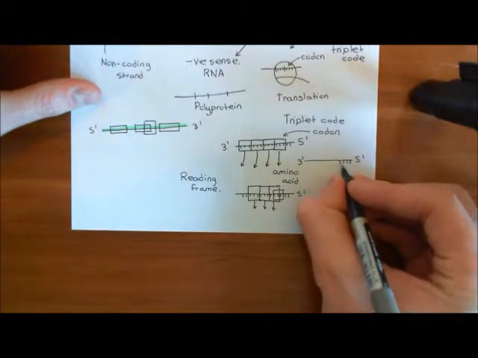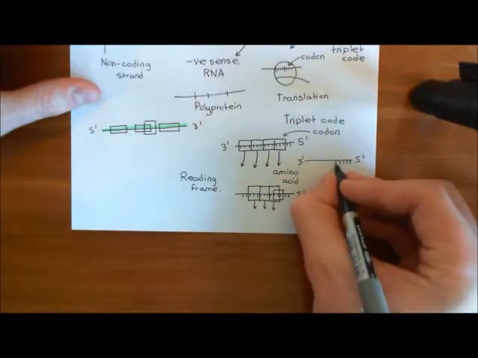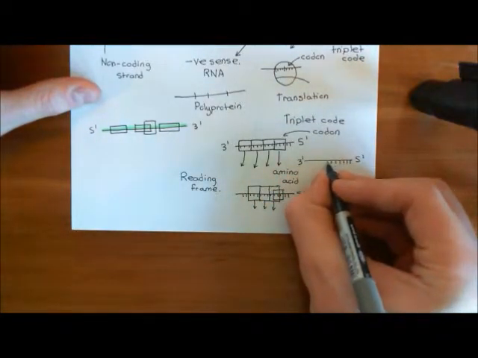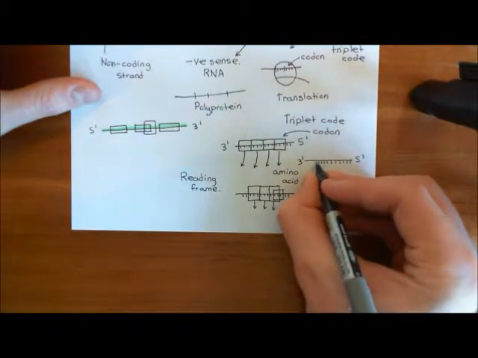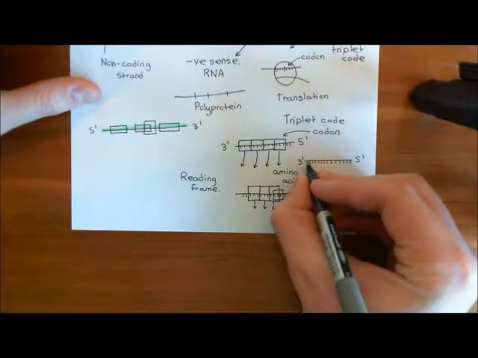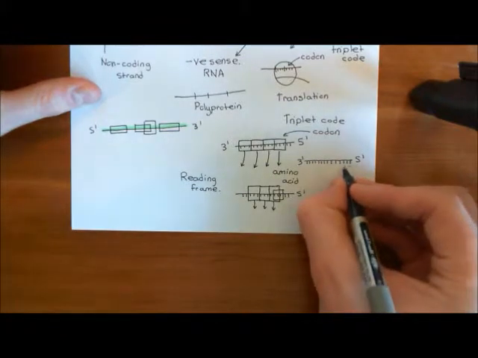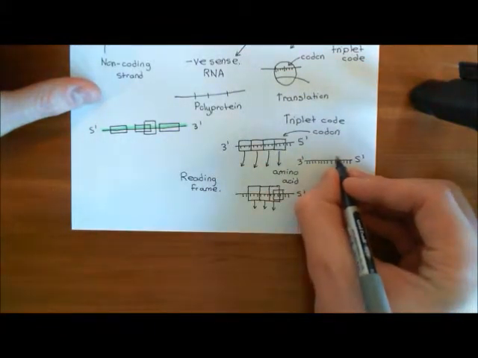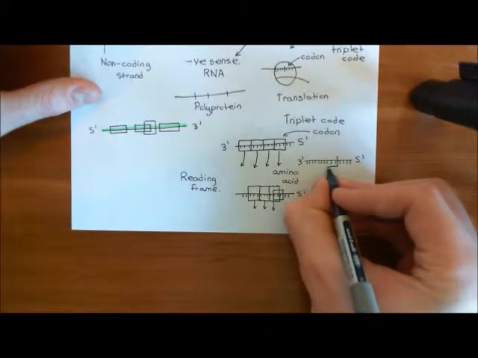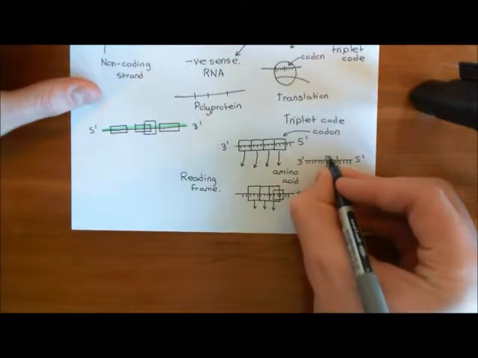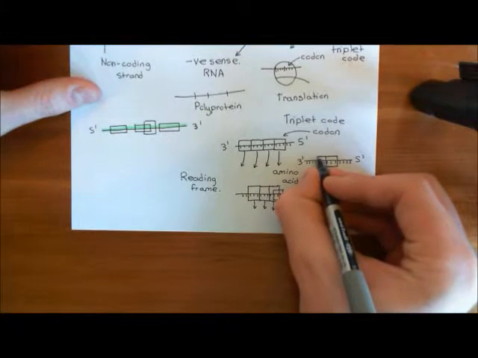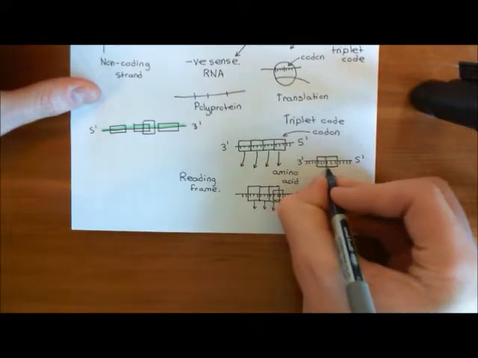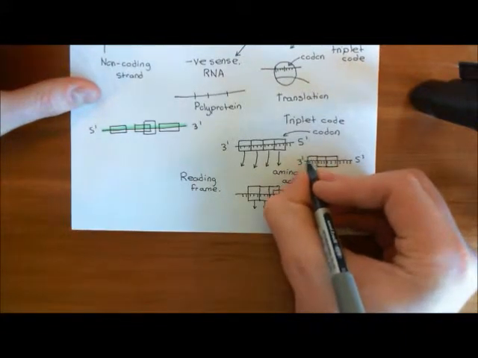1, 2, 3, how many did we say we have? 14 in total. 5, 6, 7, 8, 9, 10, 11, 12, 13, 14. Okay, so this time what we'll do is we'll skip down 2, so we'll skip the first 4, and then we'll use these 3 here as our first codon, and then you'll continue on to your next codon, and then your next codon still.